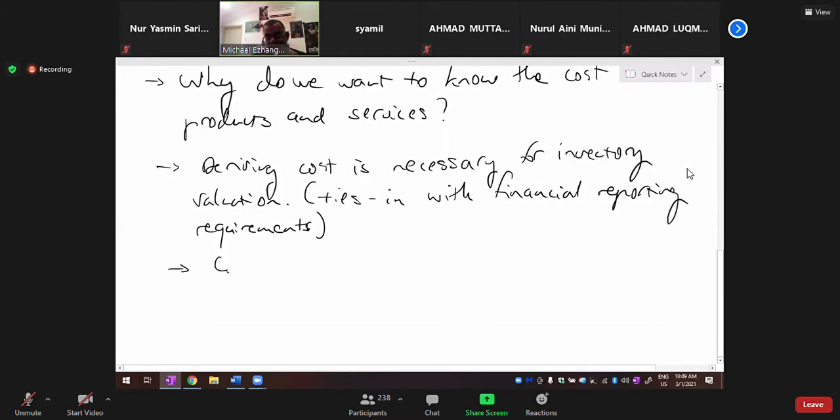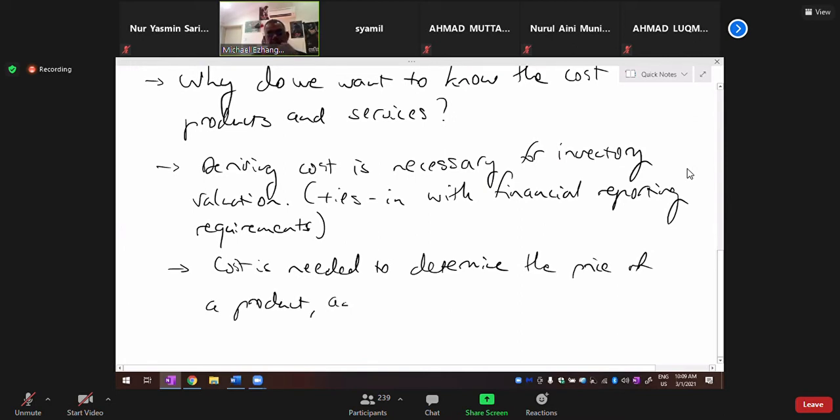Next, cost is needed to determine the price of a product and to determine if the product is profitable.